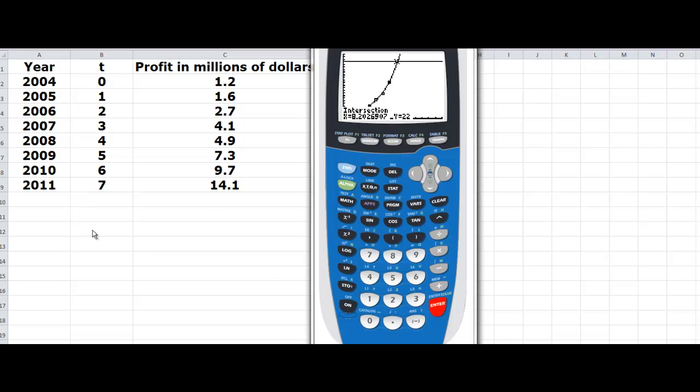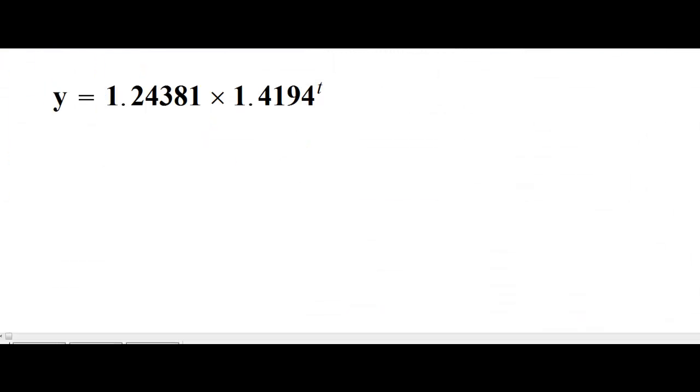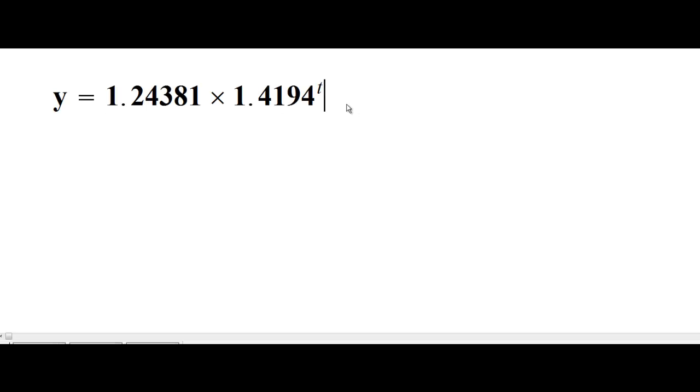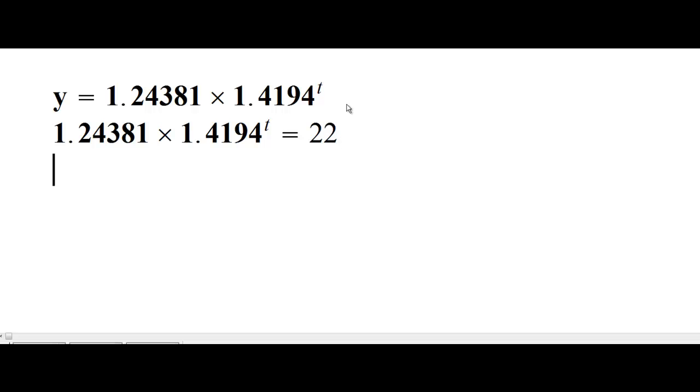Now let's see how we can solve this problem analytically by using logarithms. So we are working with this equation, and I wrote t here instead of x because that's what we were using in the original equation. We have to solve this equation for t, and t is in the exponent.